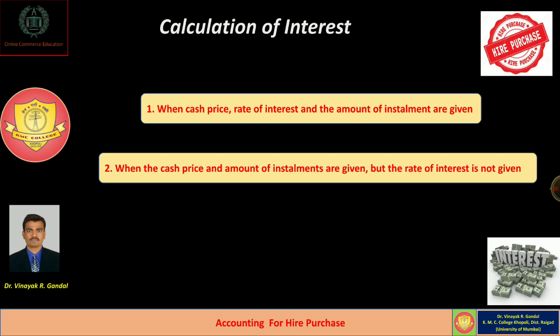The first circumstance is calculation of interest when cash price, rate of interest and the amount of installment are given. So we have to use a detailed procedure of calculation of interest in the first case, that is when cash price, rate of interest and amount of installment are given.